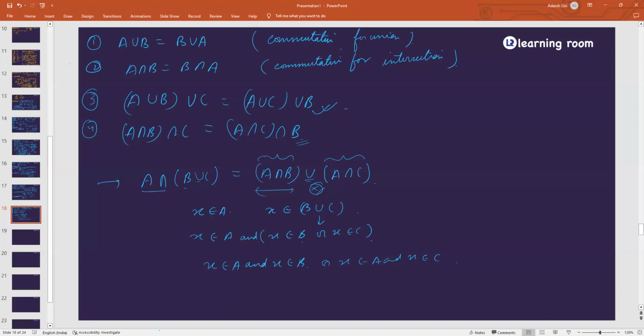So if we consider that, let us take that also. Here, if we take X as common, X belongs to A and B means A intersection B, or X belongs to A intersection C. So this was for this term.